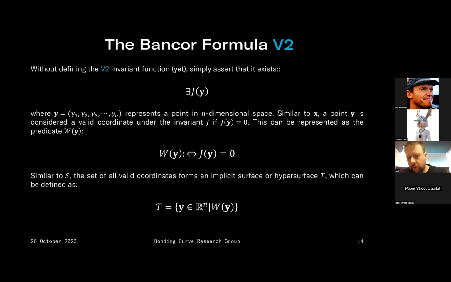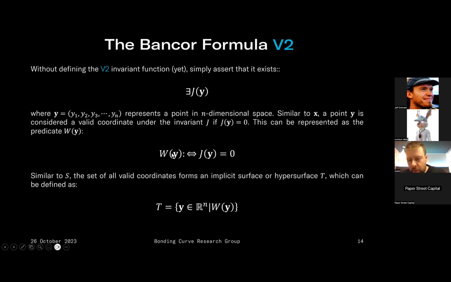Then for V2, before we say what the actual function is, we're just going to say that it exists and that it has similar properties to the V1 invariant. So where we were using I for the V1 invariant, we're now going to use capital J, and Y here instead of X, but where Y is still a list of coordinates in n-dimensional space.